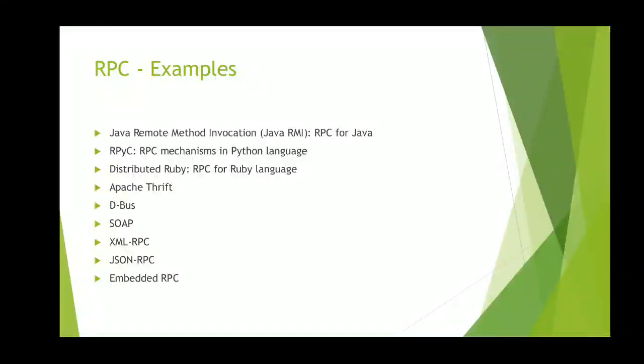Now we can see various examples of RPC. The first three examples of RPC are language specific RPC. Here the RPC for Java is called Java RMI, or Java Remote Method Invocation. Then there is an RPC mechanism which is used solely in the Python language.